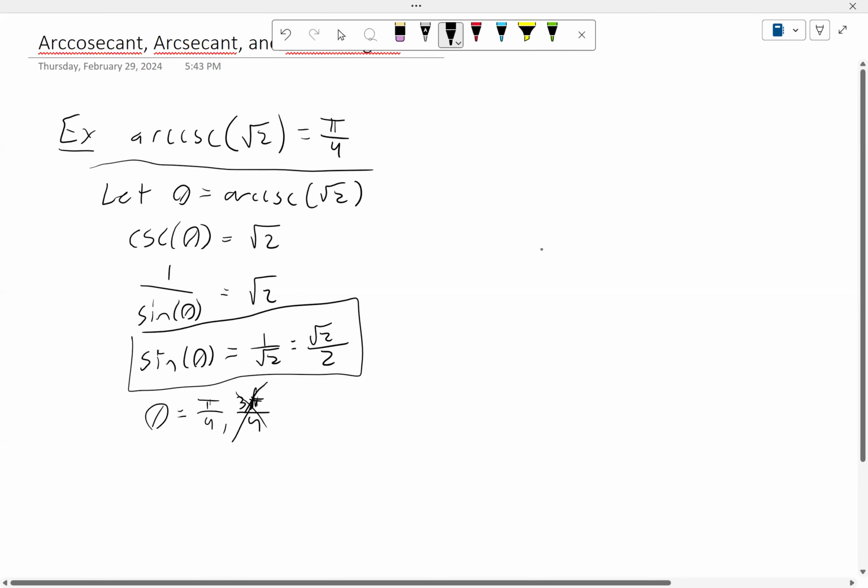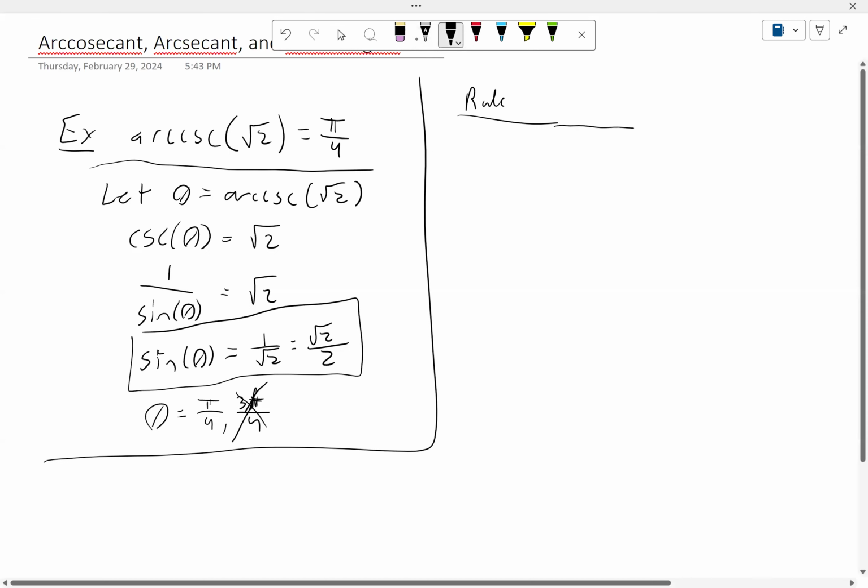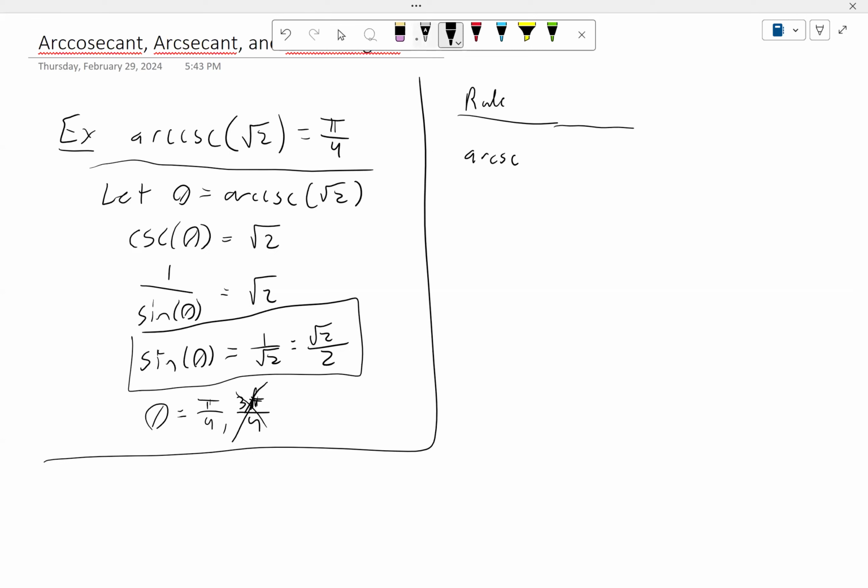Okay. And so this technique that I just used, relating arccosecant back to sine of theta, is something that we can do for all three of the arccosecant, arcsecant, and arccotangent functions. So here's the rule. It's a reciprocal relationship.